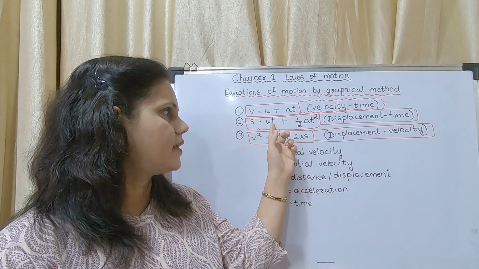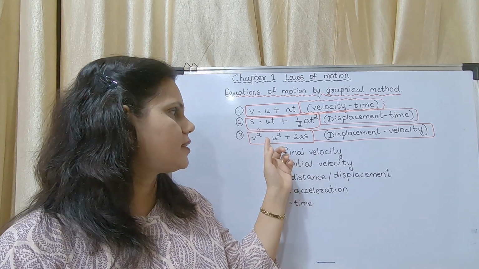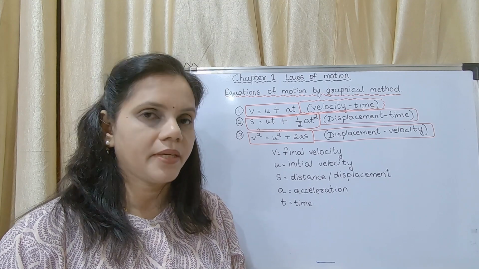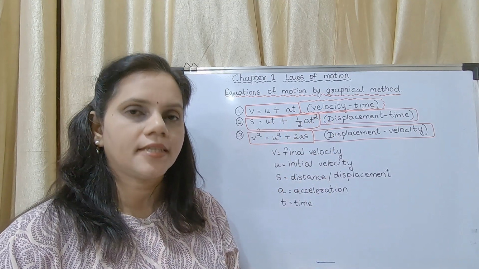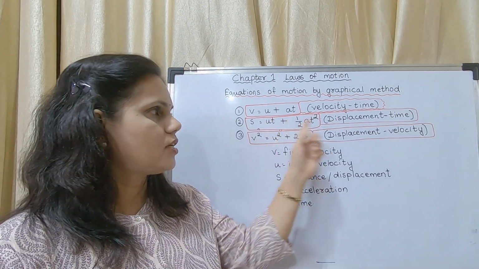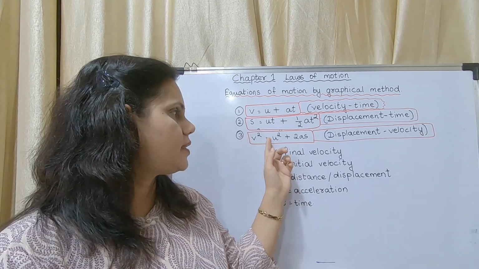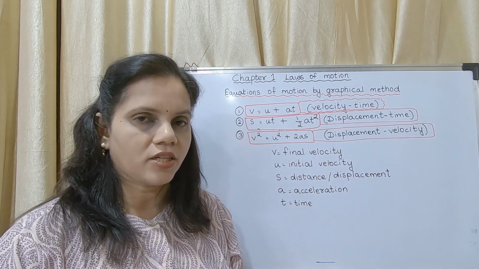Now the second one is the displacement time relationship, and the third one is the displacement velocity relationship. That means the first equation is a relation between velocity and time, the second between displacement and time, and the third between displacement and velocity.